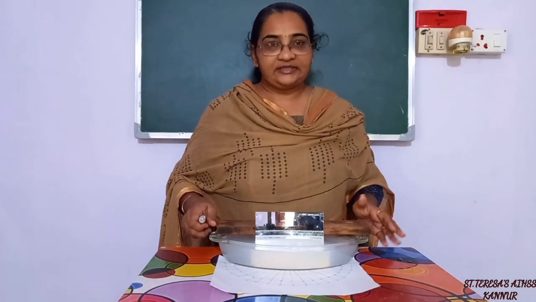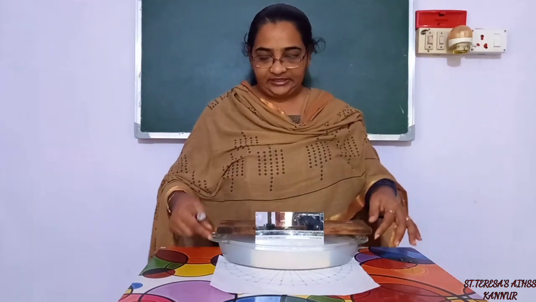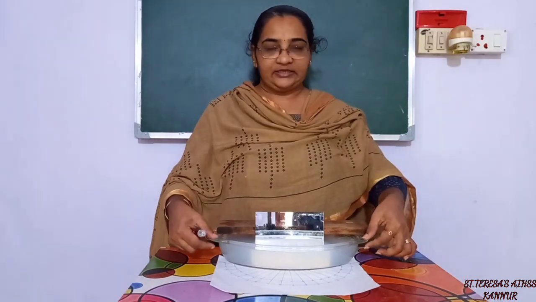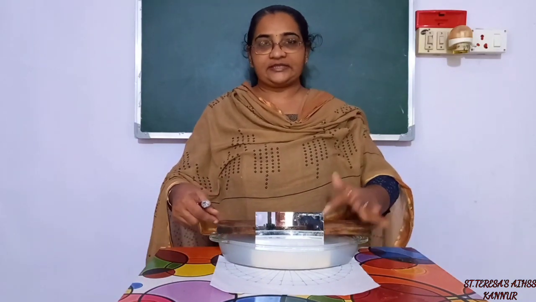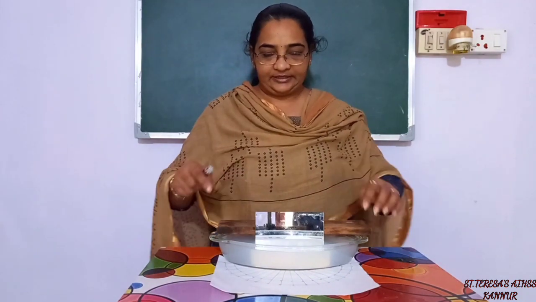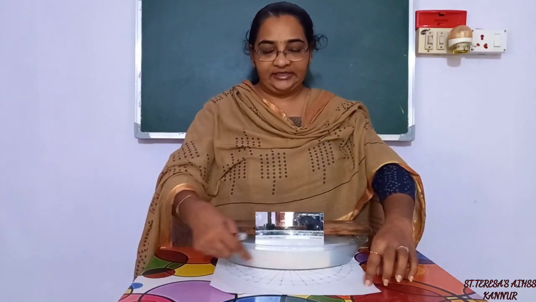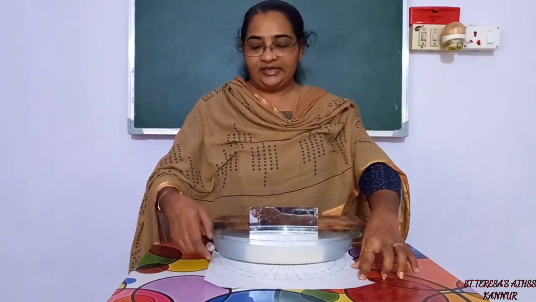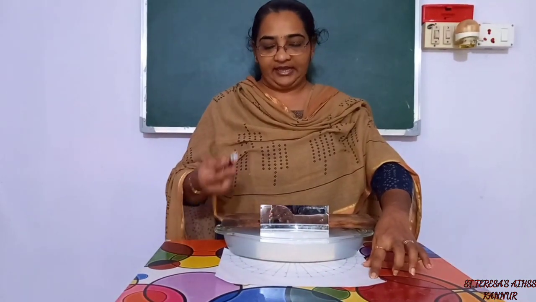For that I have set something here. You can see there is a glass bowl here. I did not get a square bowl, and I have mixed soap water in it. I have kept a mirror here, and you can see I have drawn a model of a protractor here. All the markings are on that, and I have a laser torch in my hand.